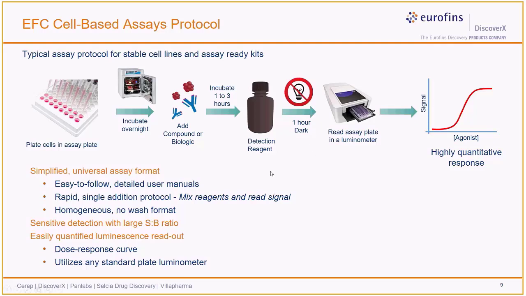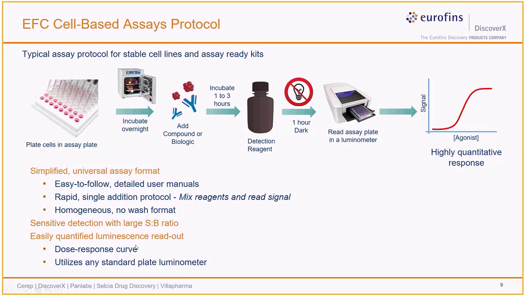You add your detection reagent, which has the substrate, and incubate this for 1 hour in the dark, and then read it with any assay plate reader. Just a standard luminescent reader is fine. Then you get a chemiluminescent signal, and then you're able to create your dose response curve.